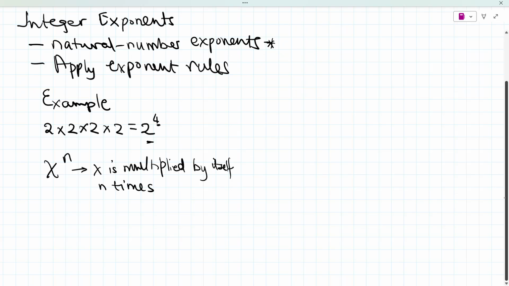So if we had another number like 3 to the power 5, this would be equal to 3 times 3 times 3 times 3 times 3.